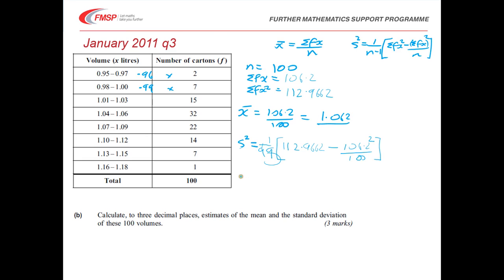And then we're going to square root that. And that will lead me to a value of s of 0.0043.